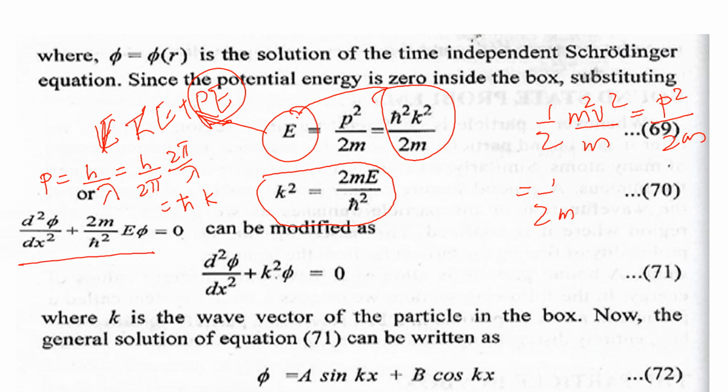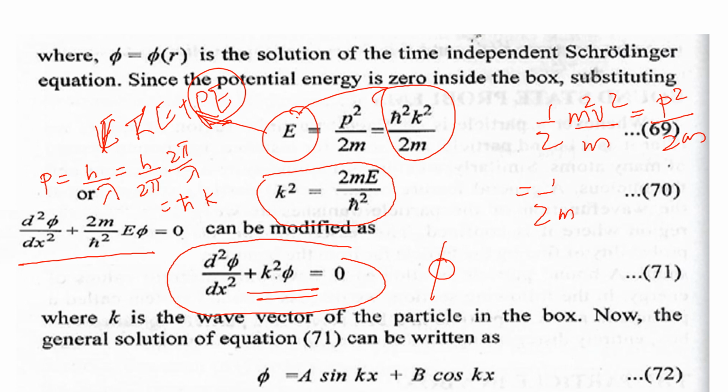In that expression, 2mE by h cut square is replaced by k square. Hence we get d square phi by dx square plus k square phi equal to 0. Here k is the wave vector of the particle inside the box. So what is the solution for this equation? The solution for that equation is phi.